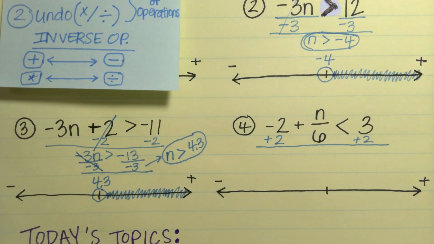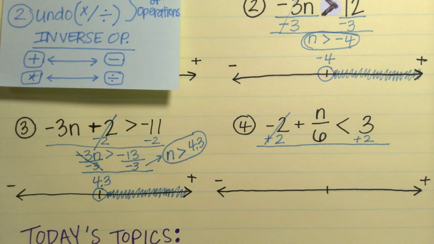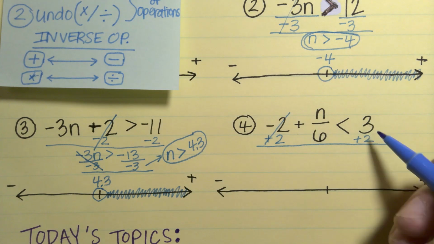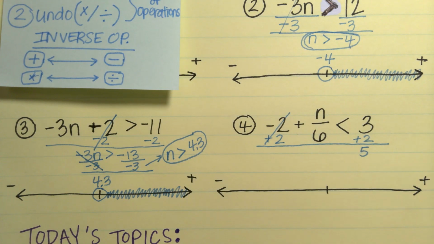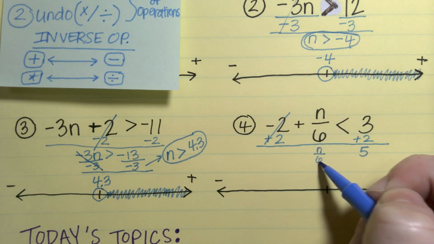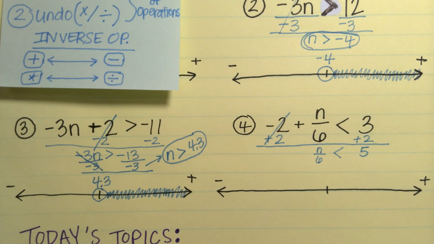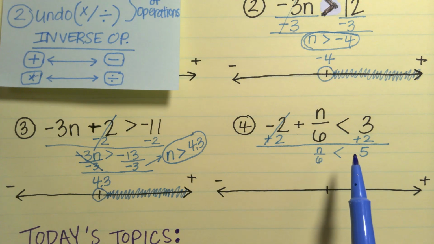What happens next? My 2's are canceled. Yep, 3 plus 2 is 5. And I got to bring down n divided by 6 and my less than. Okay, so now I have n divided by 6 is less than 5.